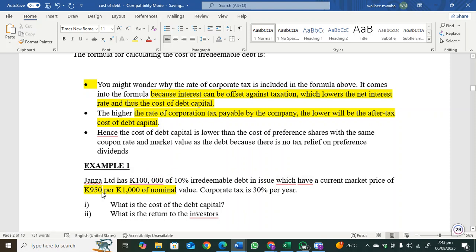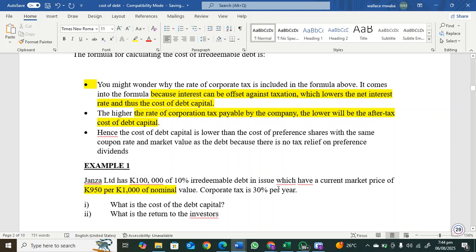Remember, when the market price is less than the nominal value, the debt is trading at a discount. And they've told us the corporate tax is 30% per year.